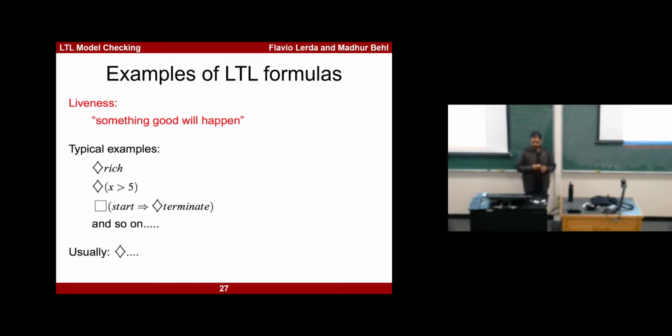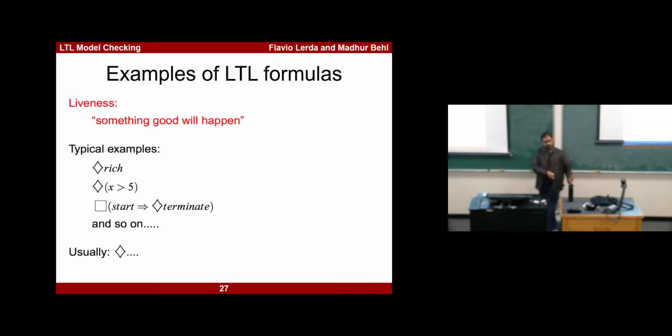Another example is something called liveness. Liveness is this notion that something good will happen. And so, eventually you will all become rich is a liveness property. And the trait of the liveness property is that you would see eventual operators in liveness properties. These are, again, just high-level categorizations because we develop these properties for different systems all the time.